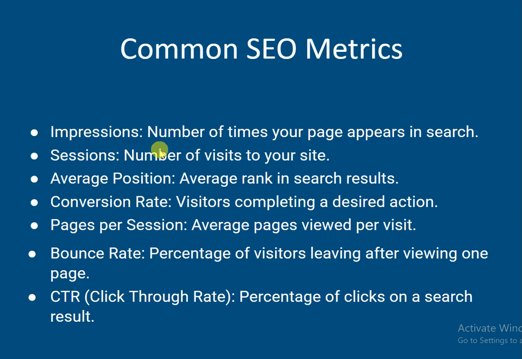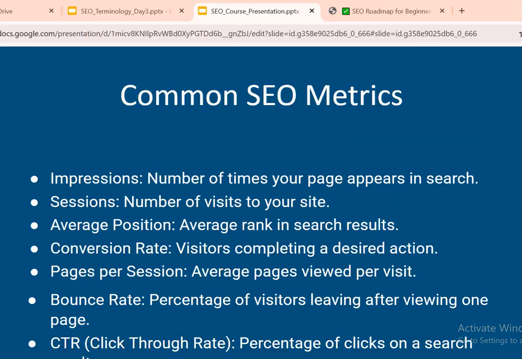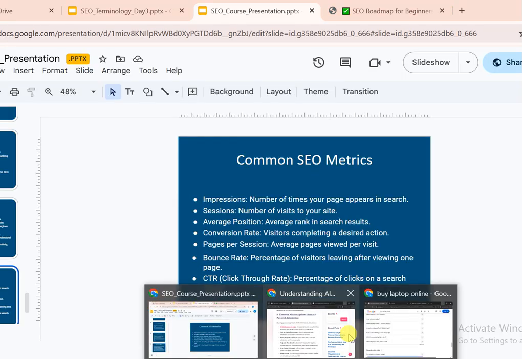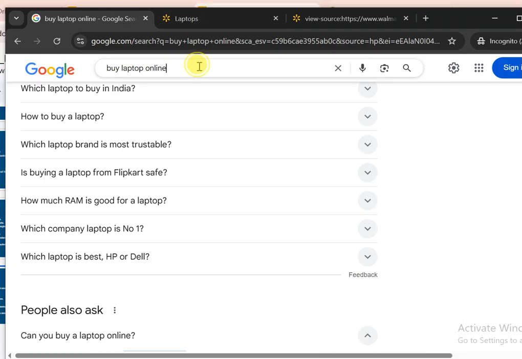So first one is impressions. Impressions is nothing but the number of times our web page appears in search results. Let's say 100 searches are happening for a single keyword in Google, let's say buy laptop online.